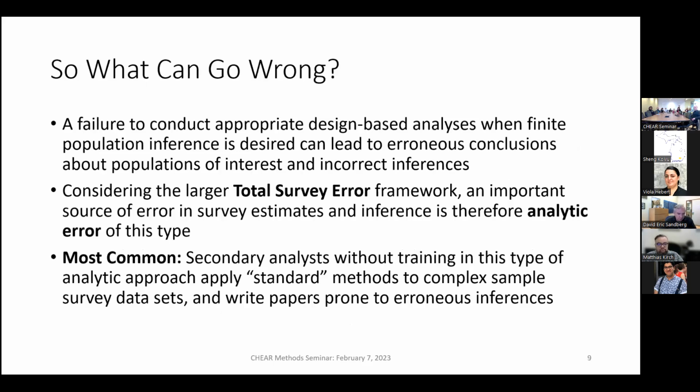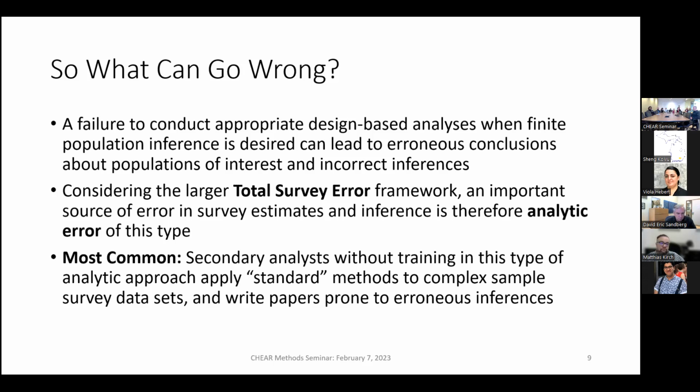So what can go wrong if you don't follow this guidance? A failure to conduct these kinds of appropriate analyses can lead to erroneous conclusions about your population, incorrect inferences, point estimates that are shifted away from what they really should be, standard errors that are too small compared to what sample design was actually used. And if we consider the larger total survey error framework, which talks about all the sources of error that can affect survey estimates, an important source of error is analytic error.